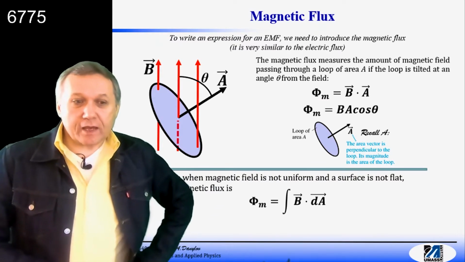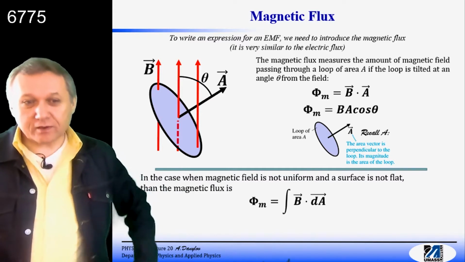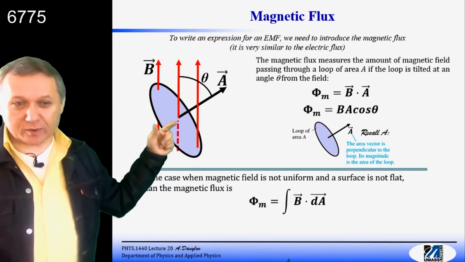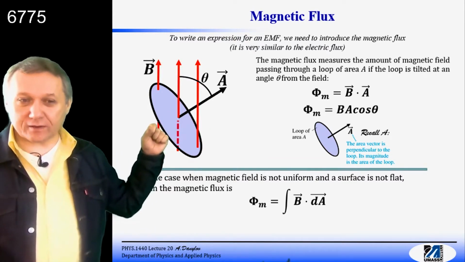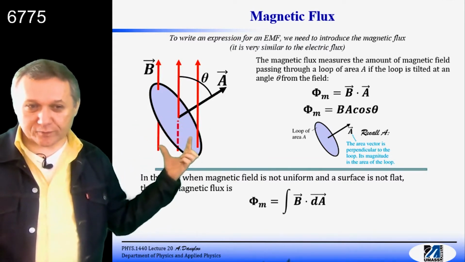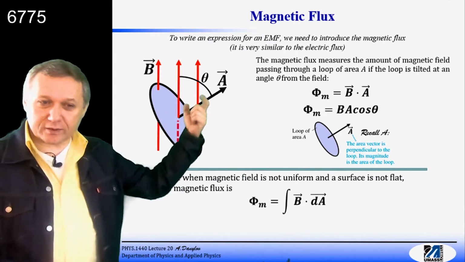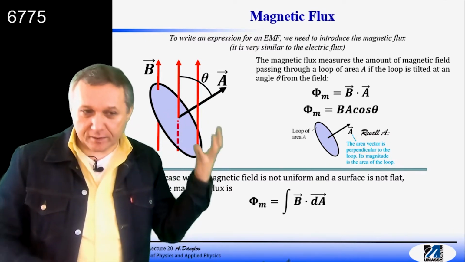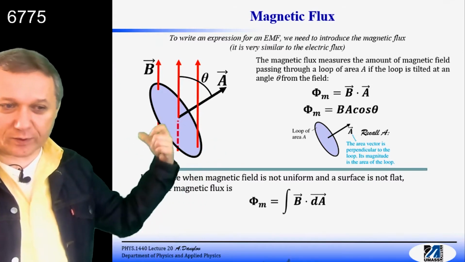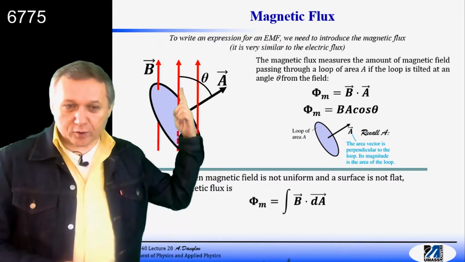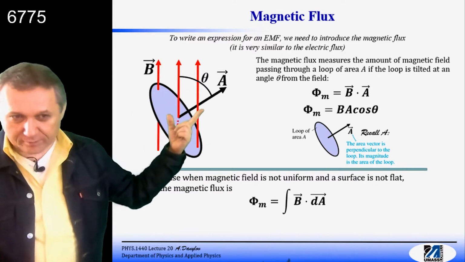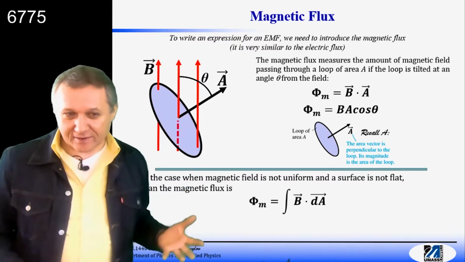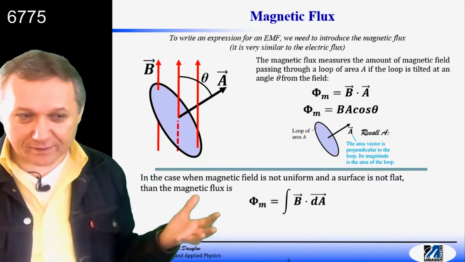In the simplest situation, with a flat surface and uniform magnetic field, you remember we introduced the area vector A, which is perpendicular to the surface and can point this way or in the opposite direction. You have freedom to choose, but you need to use the correct angle between the two vectors, A and B, positioning their tails at the same point in order to find the correct angle.